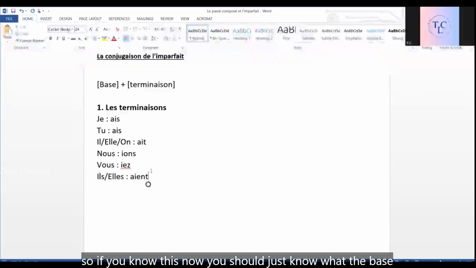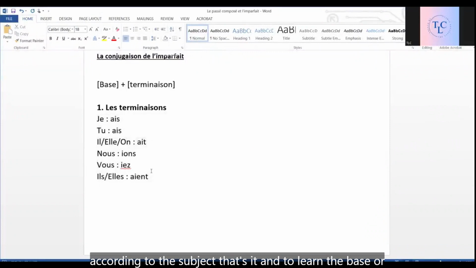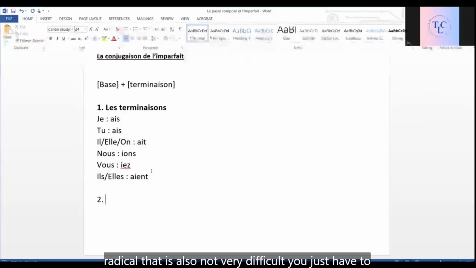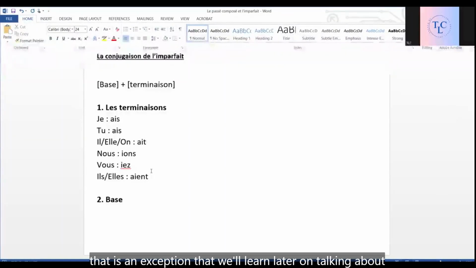So if you know this, now you should just know what the base is first for each verb, and to that you add the correct ending according to the subject. That's it. And to learn the base or radical, that is also not very difficult. You just have to follow a pattern for all the verbs except, of course, one verb that is an exception that we'll learn later on.